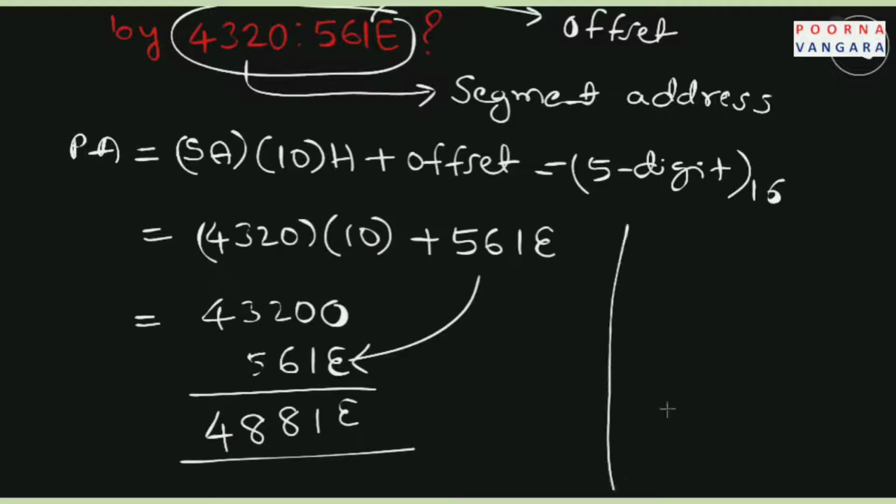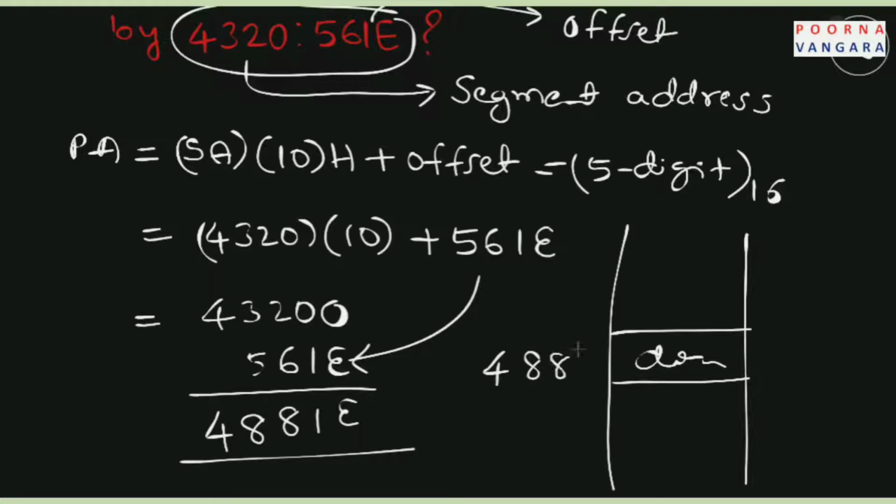So that means the 8086 is trying to locate some data, and this data location number is 4881E. So this is the physical address calculation.